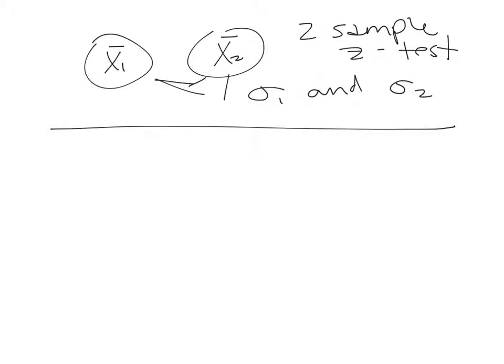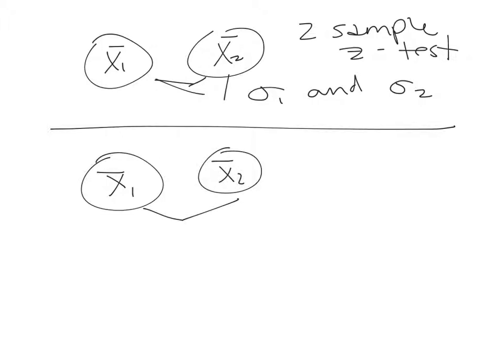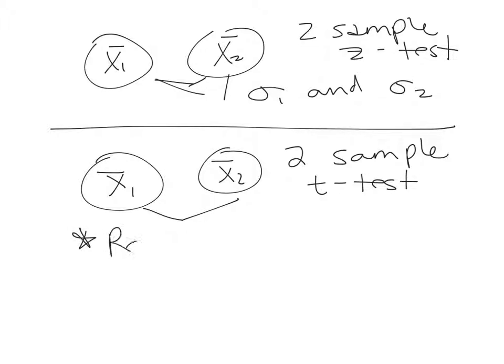Then the second type of test we've talked about so far is a 2 sample t-test. And here you don't know sigma 1 and sigma 2, you just have your sample standard deviations. Both of these tests rely on an important fact that they are random samples. All of our tests really rely on the fact that we are taking random samples.